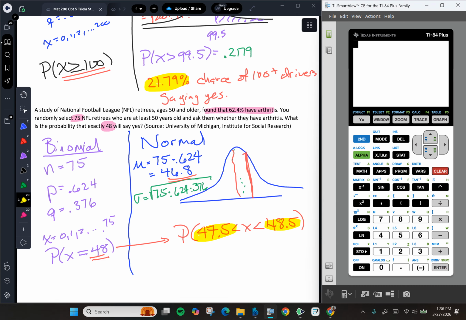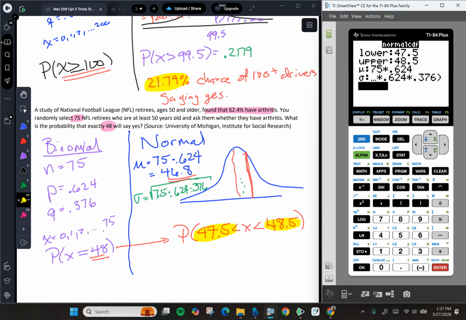Okay. At this point, it's just a matter of punching some buttons on the calculator. So normal CDF, lower limit of 47.5, upper limit of 48.5, mean of 75 times 0.624. Standard deviation of the square root of 75 times 0.624 times 0.376.